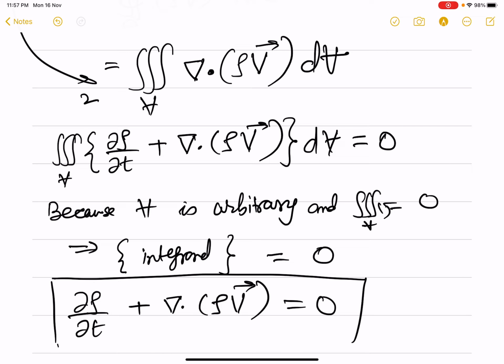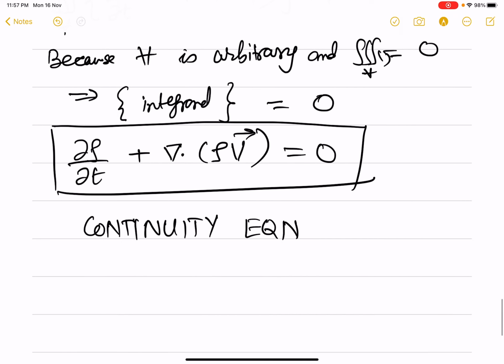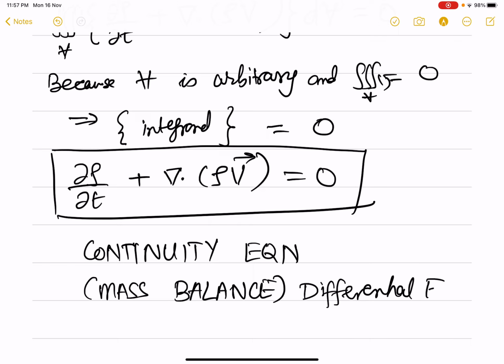So this is the equation which we call the continuity equation or mass balance, and this is the differential form of the continuity equation.